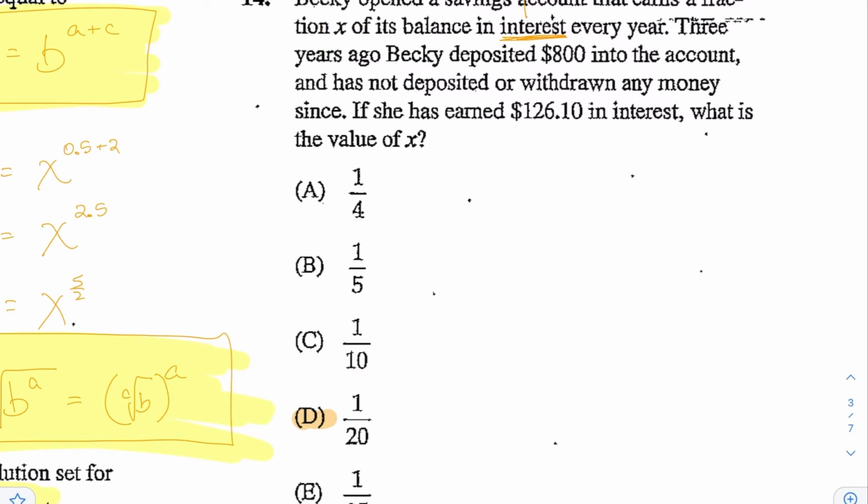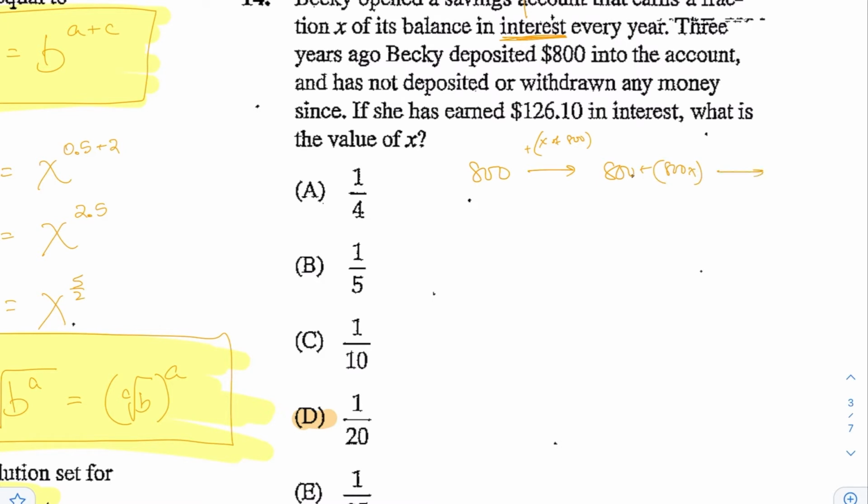Now, interest is actually compounded, in this case, yearly. So each time you earn money, on the $800, you have to get X percent. So you add X of the 800 to itself. So you have 800 plus X of 800, or X times 800, I should say.